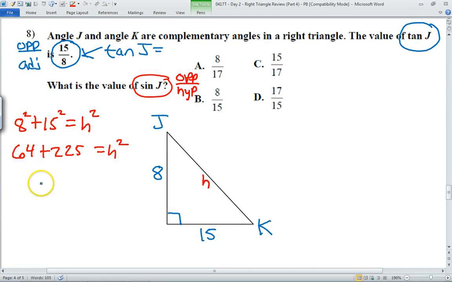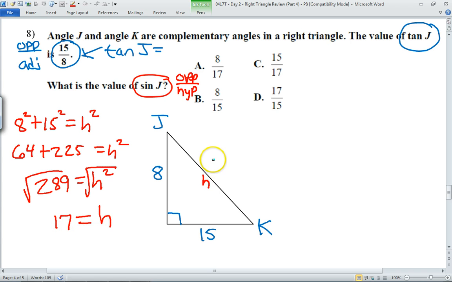That's going to be 289 is equal to the hypotenuse squared. And then, of course, to get h by itself, we're going to take the square root of both sides. So the hypotenuse turns out to be 17.